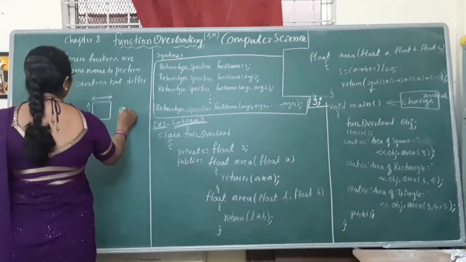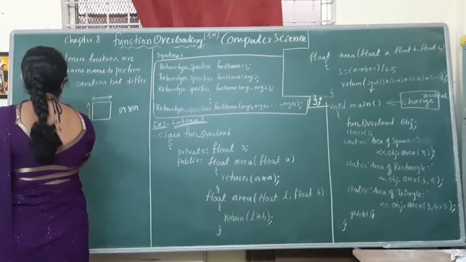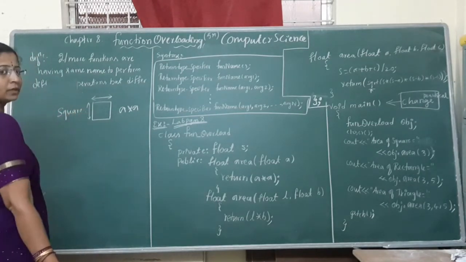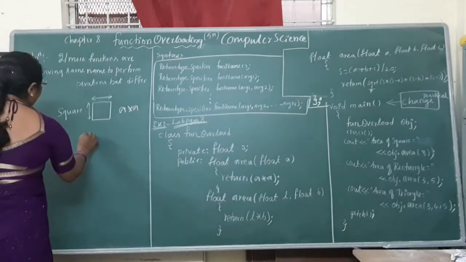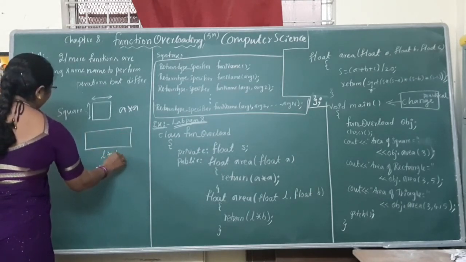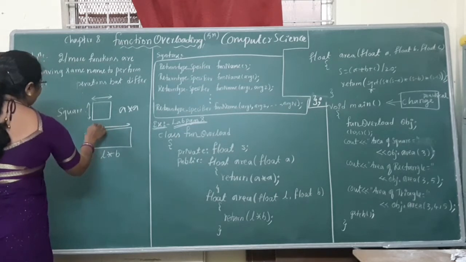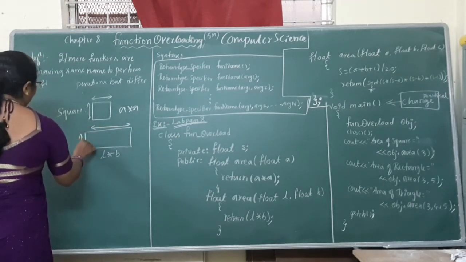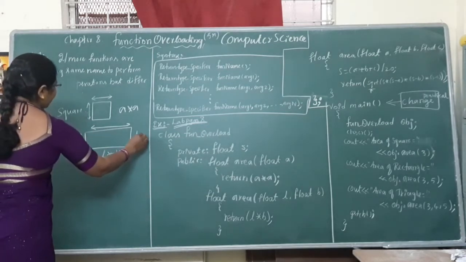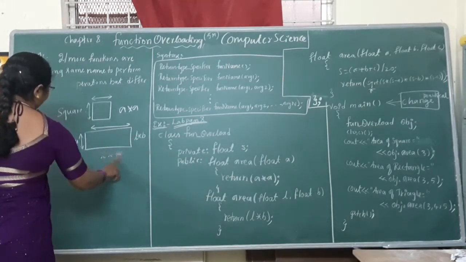Hence, A into A gives you the square area. How to find the rectangle? Yes, length into breadth. That will give you the area of a rectangle. Okay, students, that is L into B, one is L, one is B.